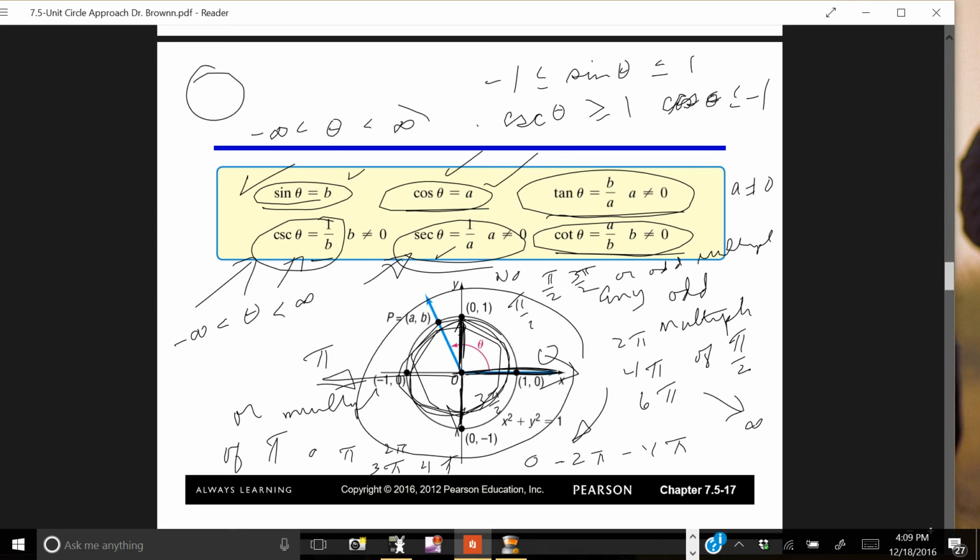So it could go from -infinity to -1 and from 1 to infinity. And the same goes for the secant function.